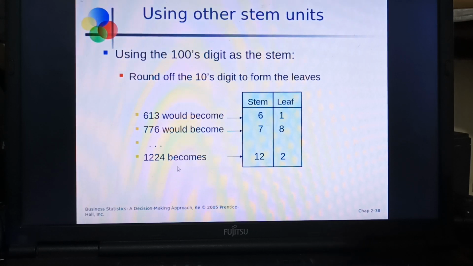The hundreds here is 12, or that will be 1200, plus the 24, and the leaf would be the tens. When you round it off, that's only 2 because that's only 20.